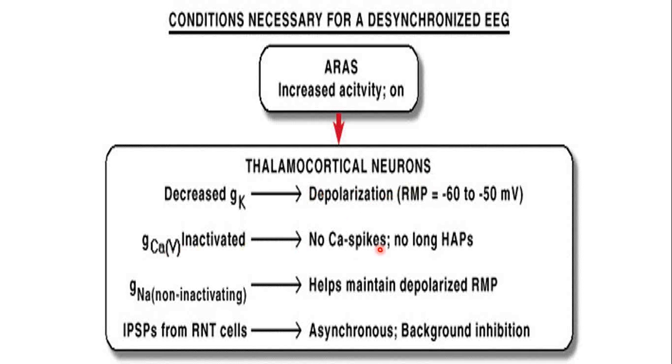We don't get those calcium spikes. We don't get those hyperpolarizing after potentials. And we do get more sodium conductance. Sodium conductance meaning more depolarization, because sodium comes into the cell, just like calcium comes into the cell, to depolarize it.